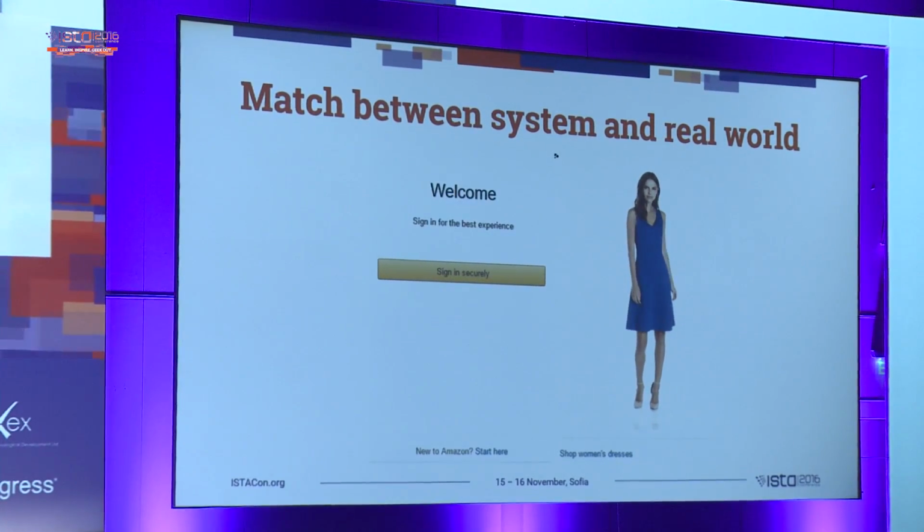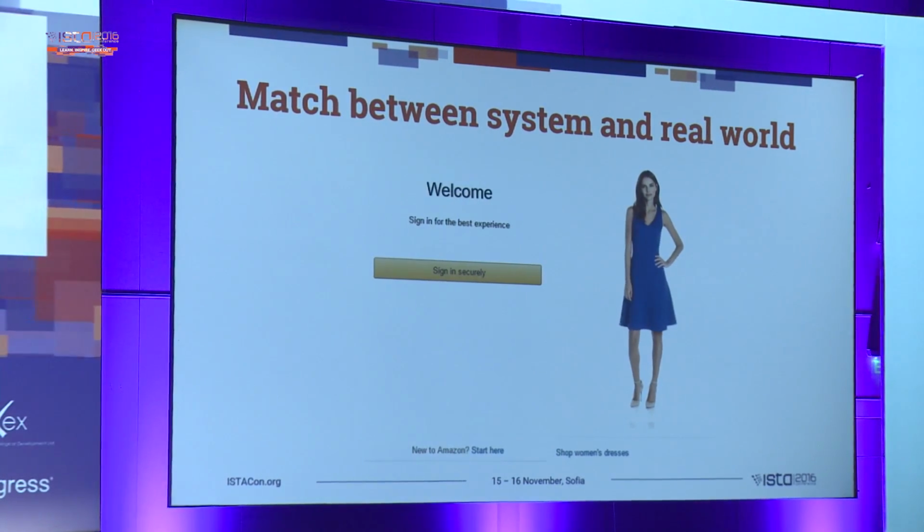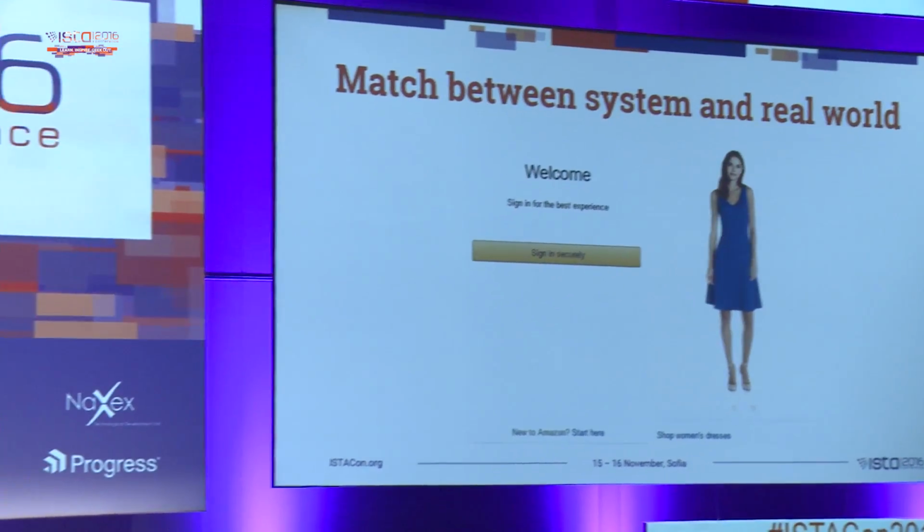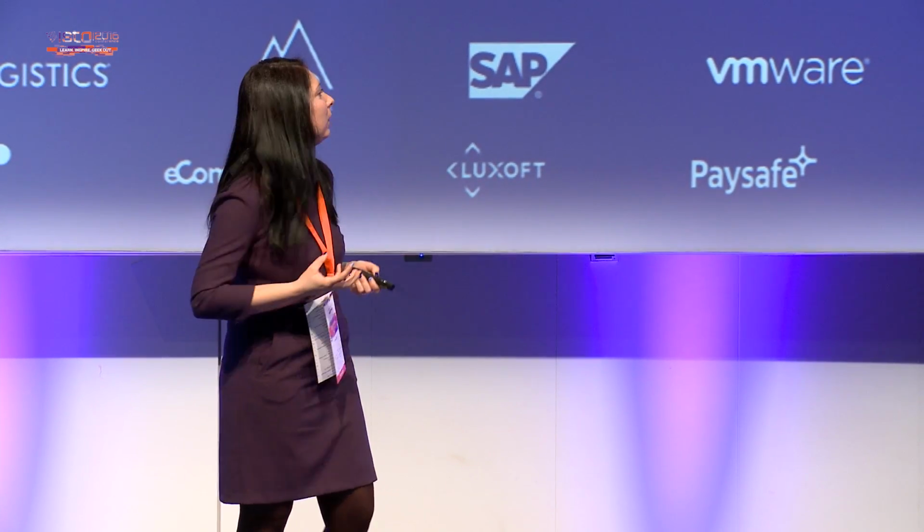You see the small text there, shop women's dresses. But actually, without reading that text, I already knew that it's a dress shop. It's a woman thing. I was convinced to buy a dress because that woman there makes me feel like I'm in a real dress shop. So this is one really good example for the criteria match between the system and the real world.